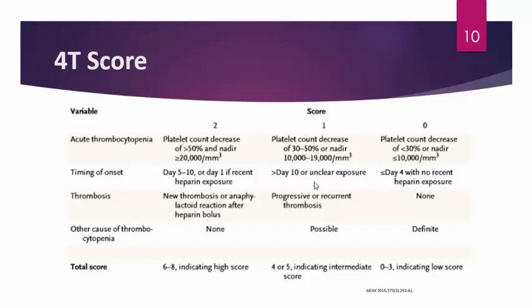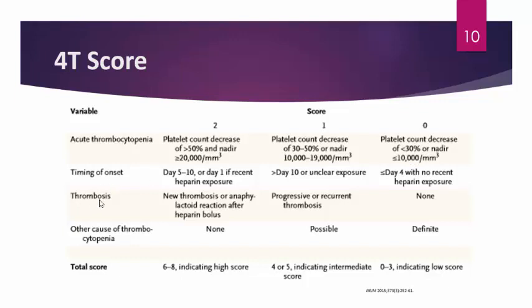If it's greater than 10 days or the time of exposure is unclear, you get 1 point. And if your thrombocytopenia occurs in less than or equal to 4 days, then in that case you may get 0 points.